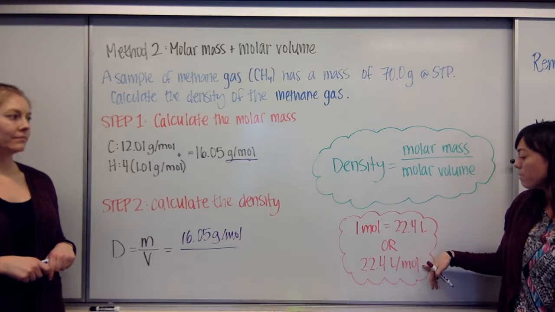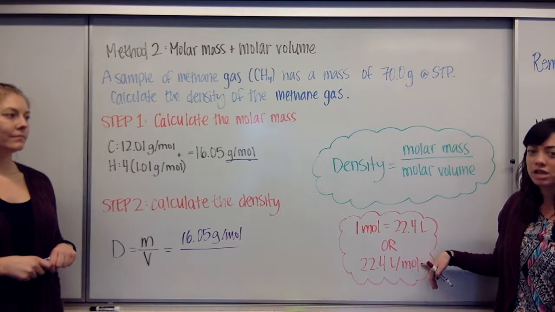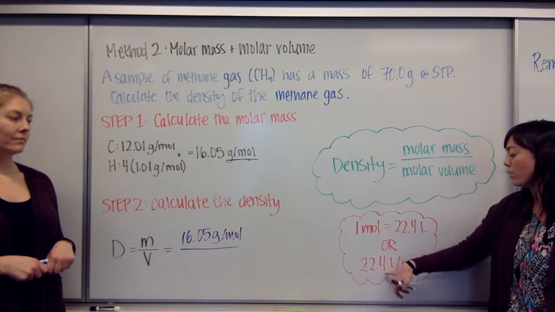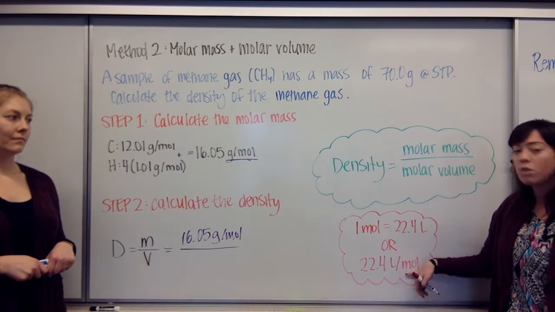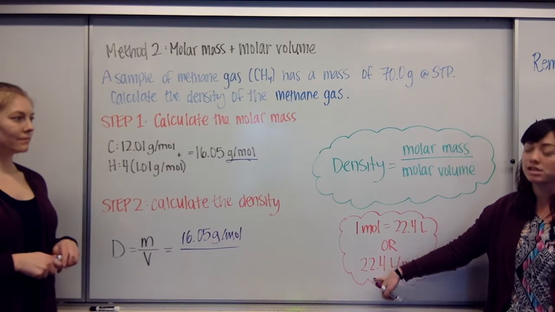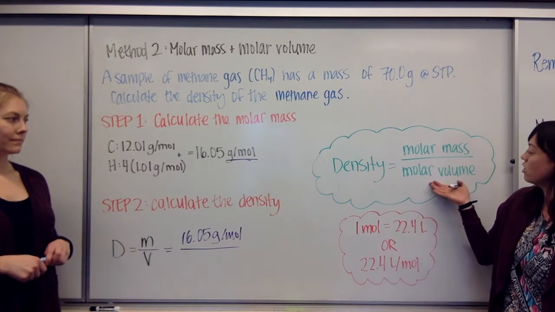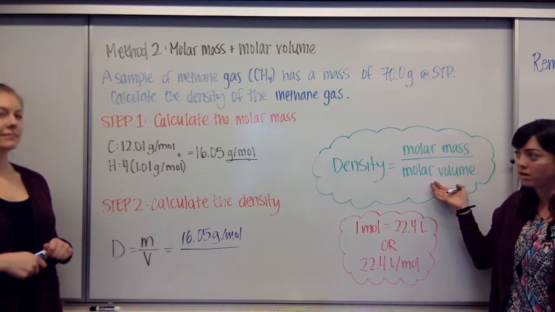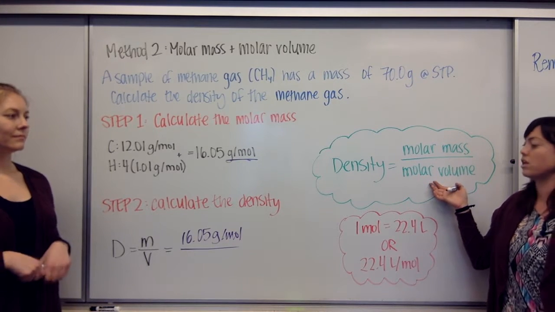Now, remember that my molar volume is equal to 22.4 liters per mole. Every mole, 22.4 liters. That's how much space a gas takes up at STP. So you can see this is our updated version of the density formula. Just another way of representing it.